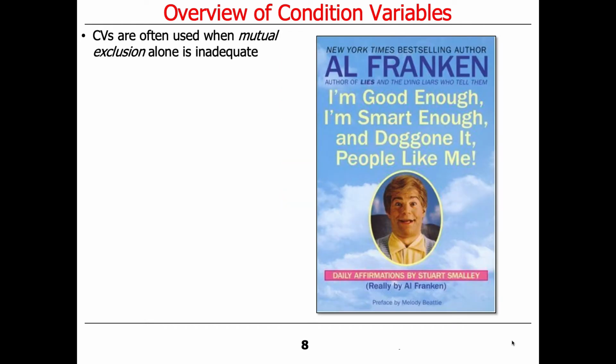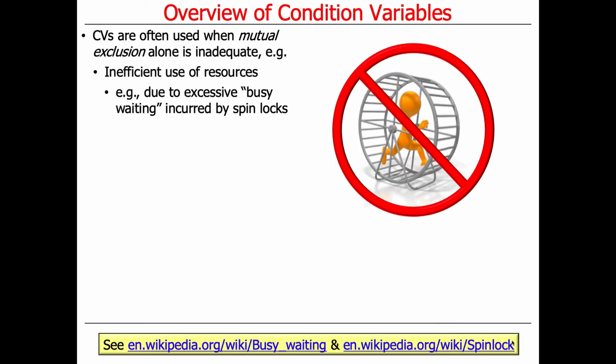Condition variables are often used when mutual exclusion alone is inadequate. Mutual exclusion, of course, is something that's provided by Java's reentrant lock, as well as some other things like a spin lock or the synchronized keyword that's part of the built-in monitor object. Here are some examples of when mutual exclusion may be inadequate.